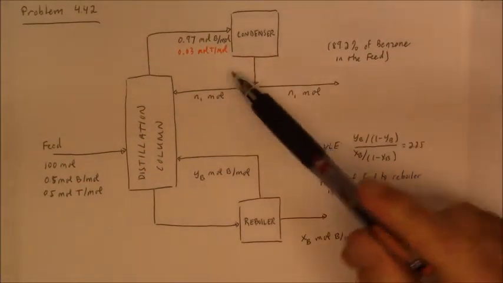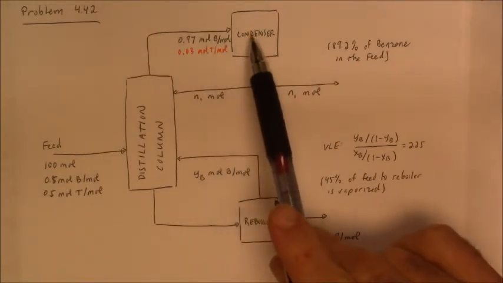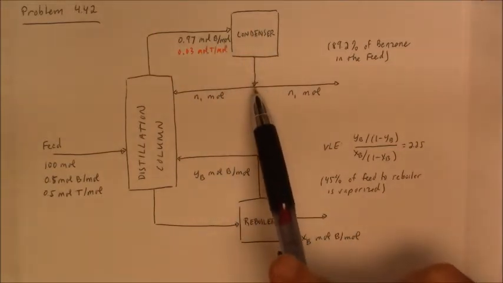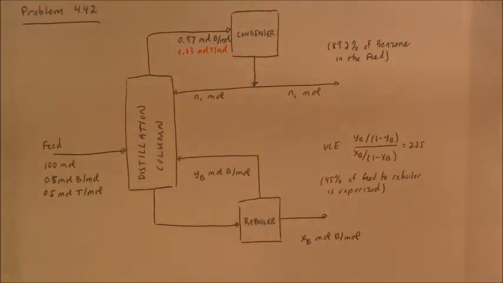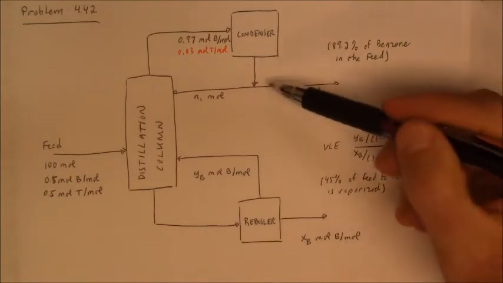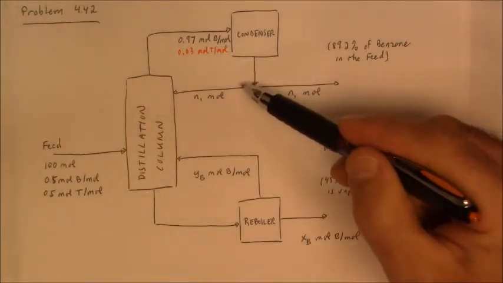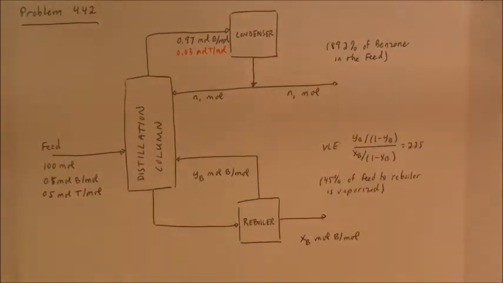Now, we're told that we have complete condensation, so that means all of the vapor entering the condenser condenses to a liquid and then is split. Because all of it condenses and then is split, the composition coming out of the condenser is the same as that going into the condenser, and the composition of these two streams are equal.